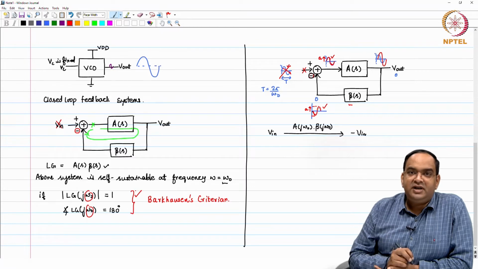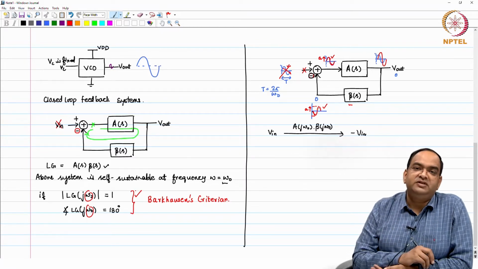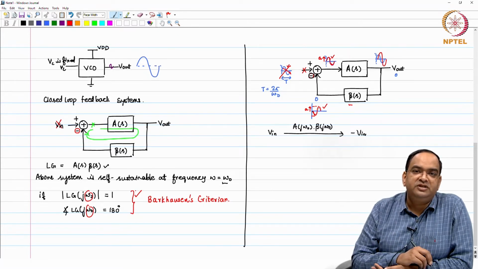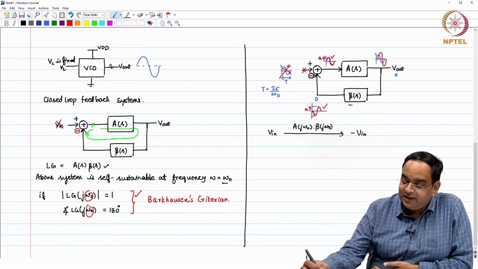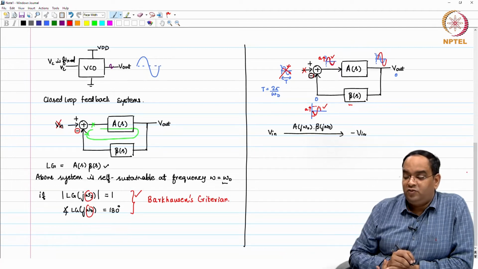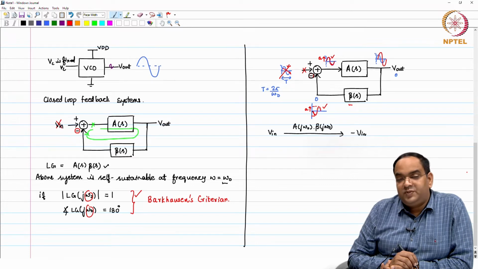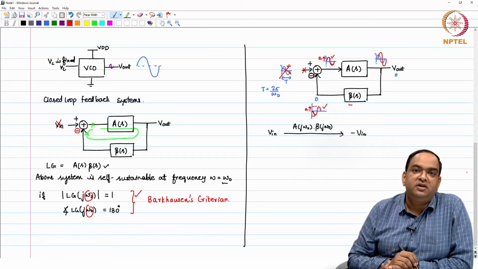And once you satisfy the criterion for one particular frequency, those oscillations will be sustained, and all other input frequencies will die down. So, this is how our oscillator will be designed, so that it becomes self sustainable.